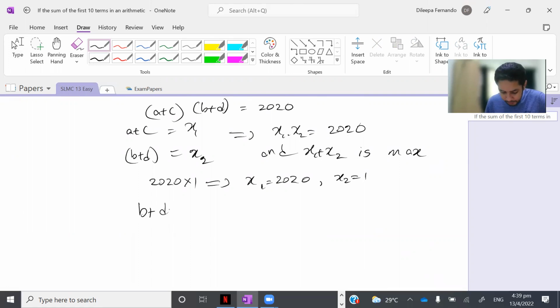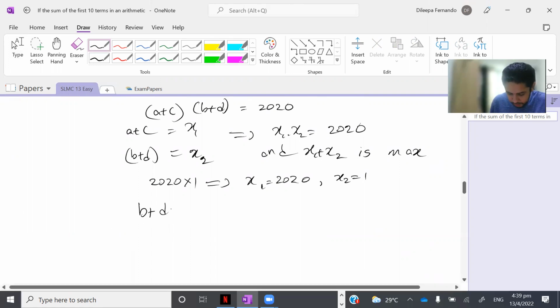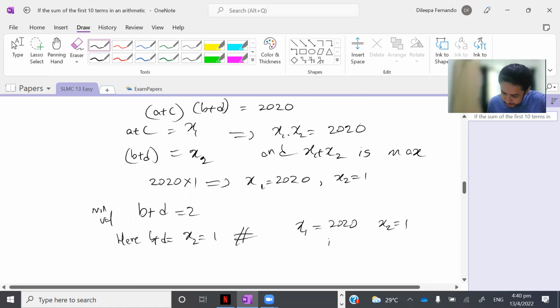But here b plus d equals x2 equals 1, which is a contradiction. That means x1 equals 20, x2 equals 1 is not an answer.